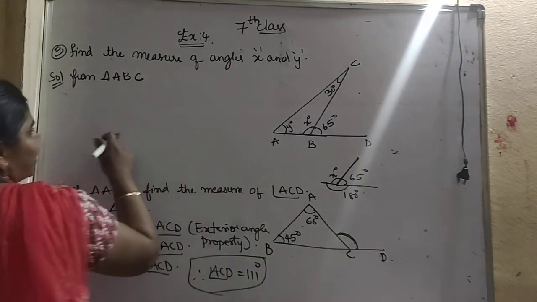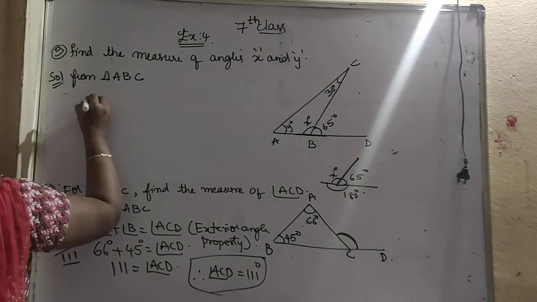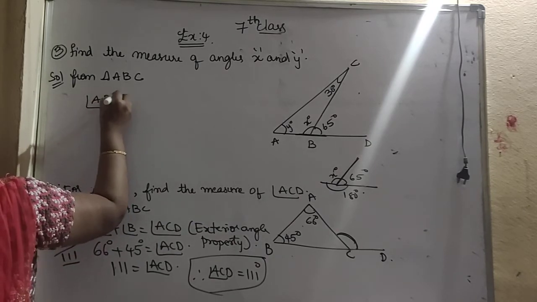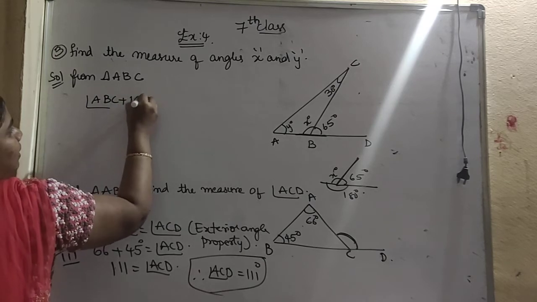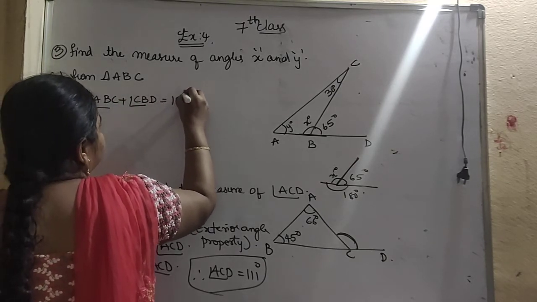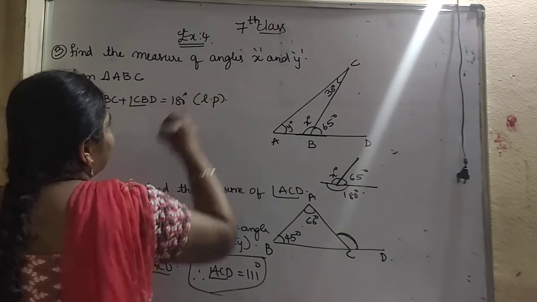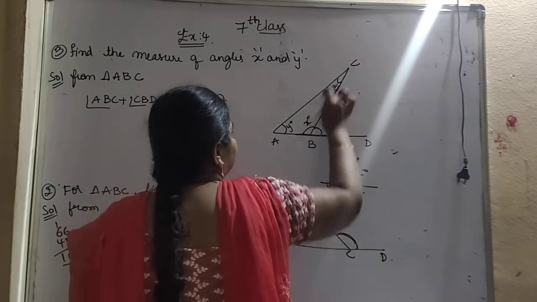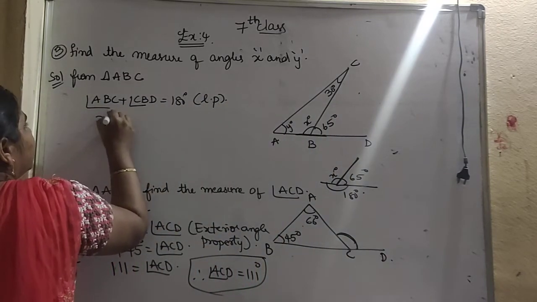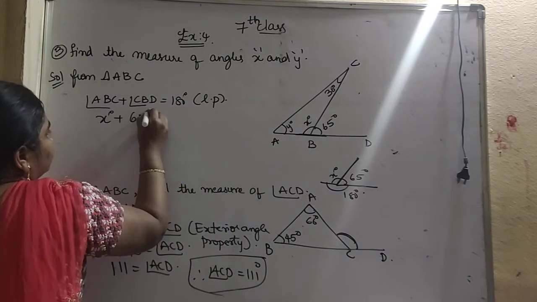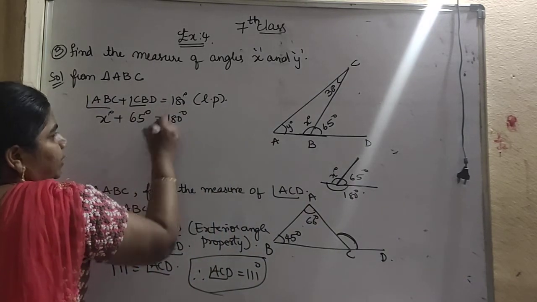So we can write that as angle ABC plus angle CBD is equal to 180 degrees. So ABC is x degrees plus CBD is 65. That will be equal to 180.